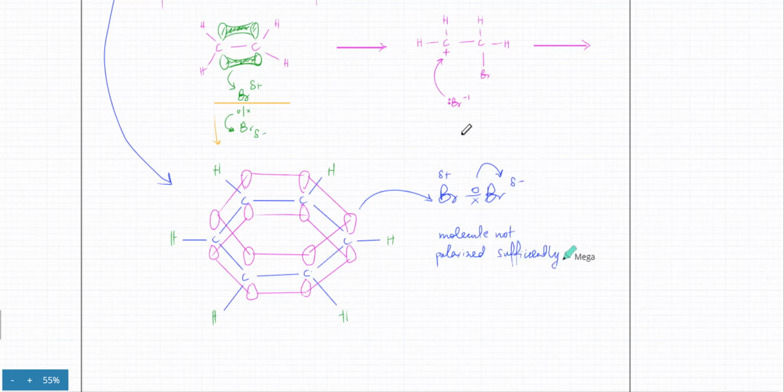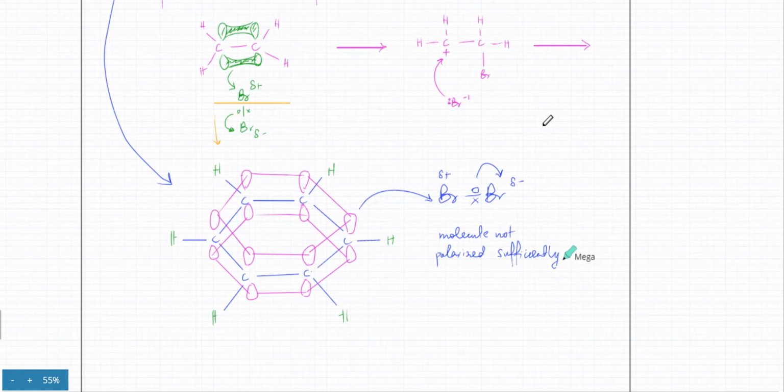So the positive bromine is not strong enough to attract the electrons from the pi electron cloud. जैसा यहाँ पे the polarizing power of this pi electron cloud was very large, which is why this molecule not only got polarized, but the Br minus one broke away, and this Br became a positive ion and then got attracted to the electron cloud. Here, nothing much is happening to the molecule. So there's not enough attraction.